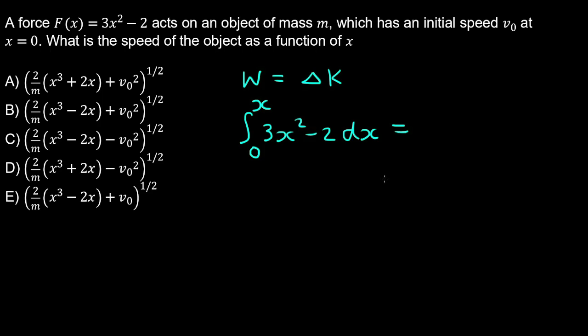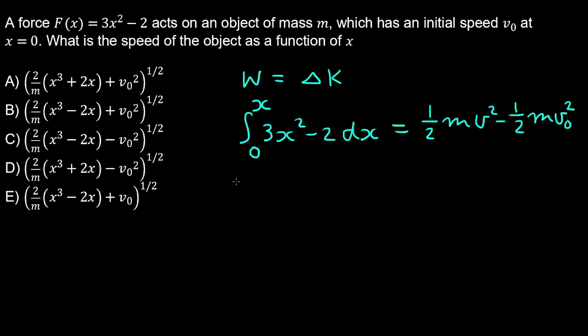And that's equal to the change in kinetic energy, which is 1/2 by the mass by the speed squared minus the initial kinetic energy, which is 1/2 by m by v naught squared.